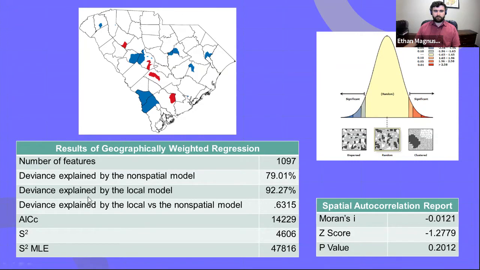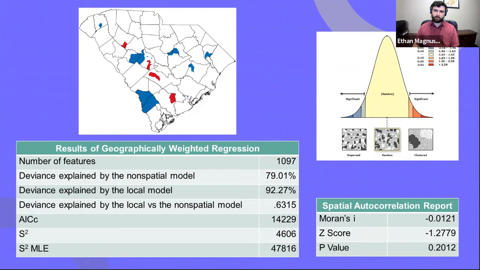As you can see here, the deviance explained by the local model, or the spatial model as we call it, is over 92%, which is a significant increase on the deviance explained by the non-spatial model. Now, the AICc value for the geographically weighted regression model was a bit higher than the non-spatial model, which means that we haven't quite achieved an efficient way of incorporating geographically weighted regression into the way that we model eviction.